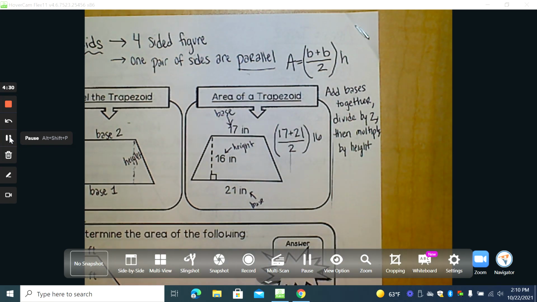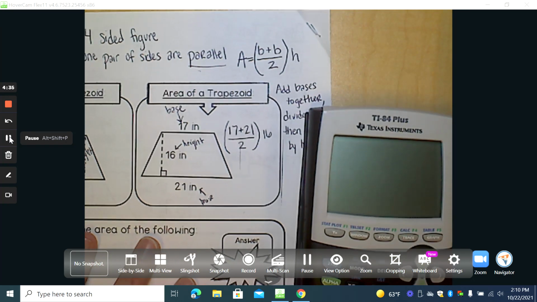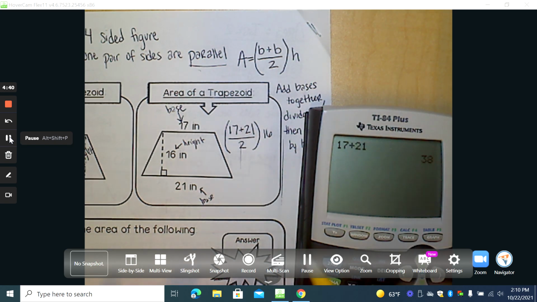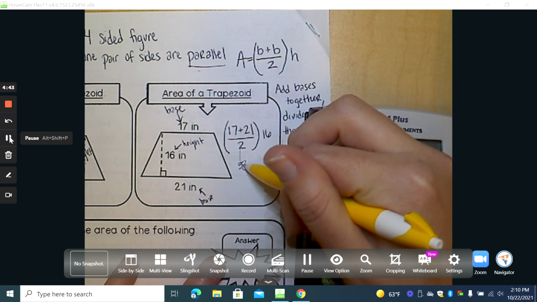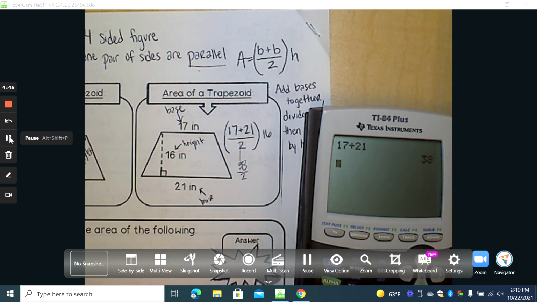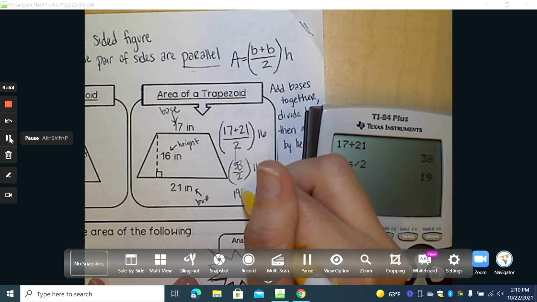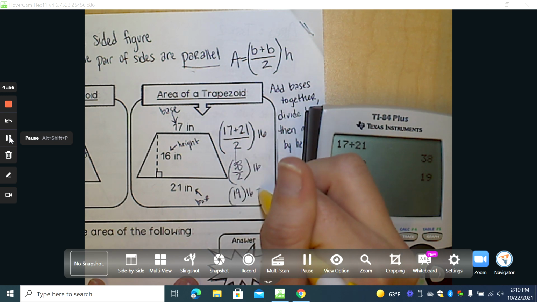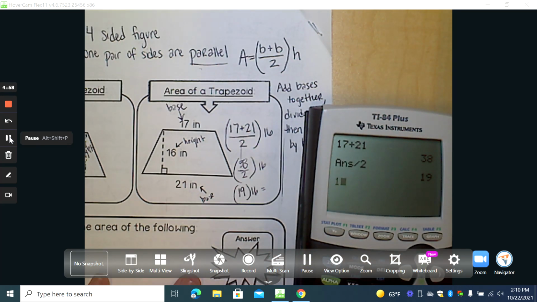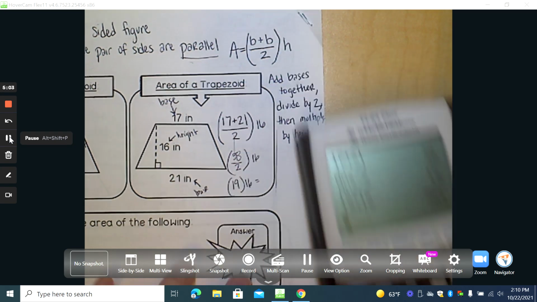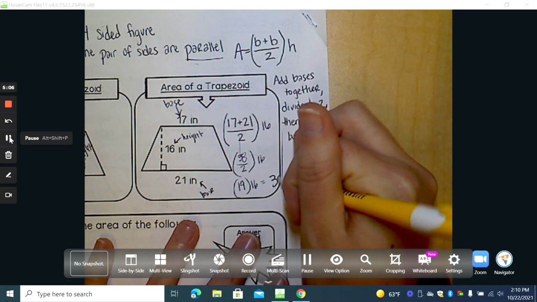And so 17 plus 21 is 38. And so I'll take 38 divided by 2, which is 19. And I'm going to take 19 times 16, and get my final answer of 304 inches squared.